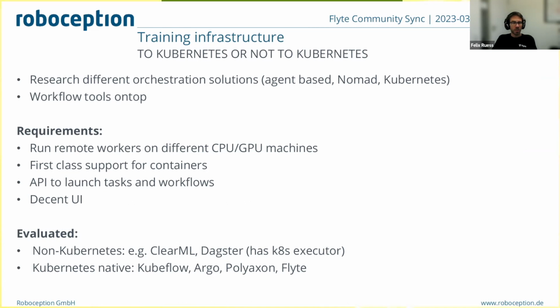And then, of course, what kind of workflow tools that run on top, either this agent-based or some orchestration tool, will fulfill our requirements, which are pretty basic. So we somehow need to run remote workers on different CPU and GPU machines and schedule those.